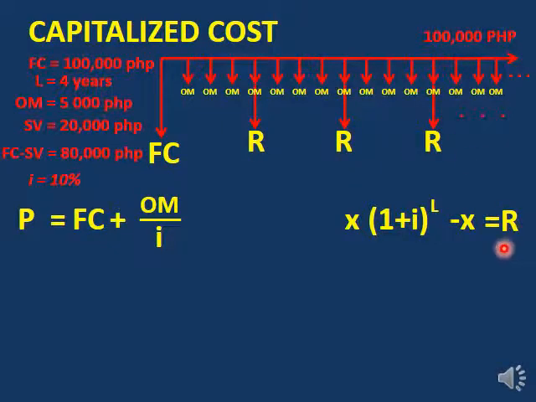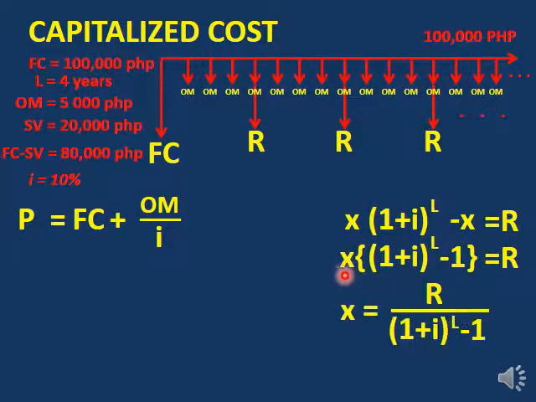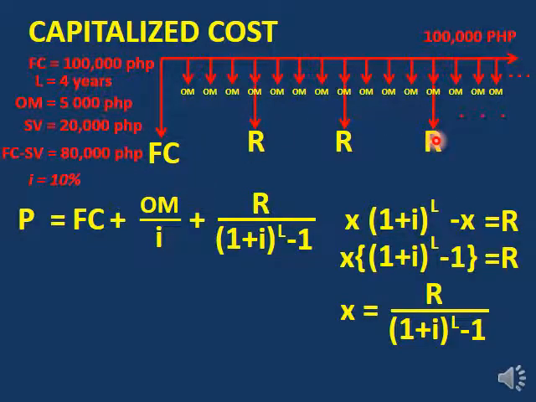Now we can compute the value of X. Using algebra, we can compute that X is equal to R divided by (1 plus i) raised to L minus 1, where L is the life of the machine, because this is the period that we require a new machine. So the present worth of all of these recurring costs is equal to X, where our X is equal to this value. Okay, so let's try this.